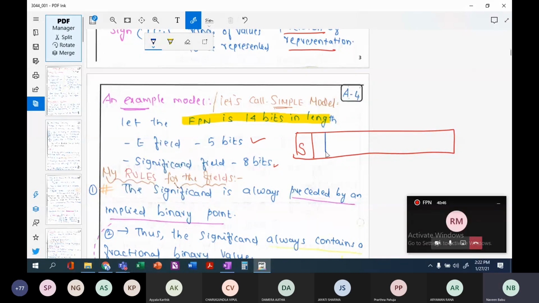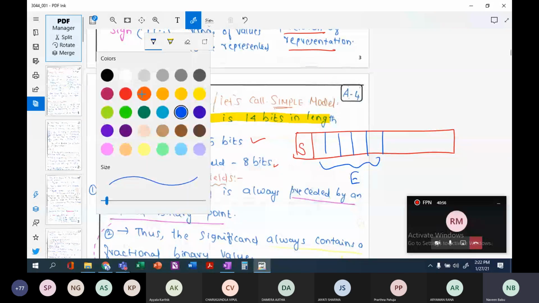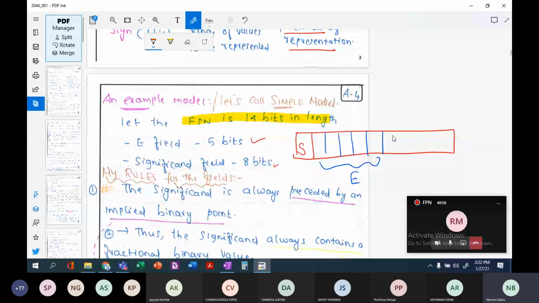So my exponent fields are 1, 2, 3, 4 and 5. Then I will have these significand fields 1, 2, 3, 4, 5, 6, 7, 8.